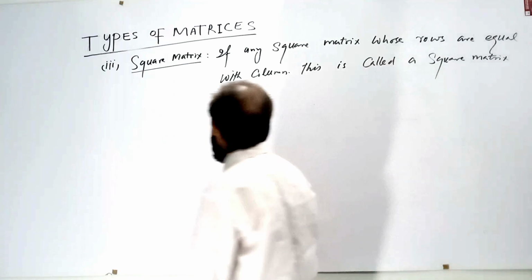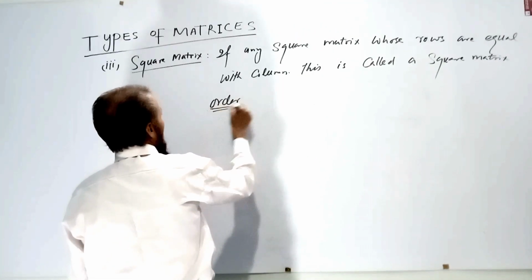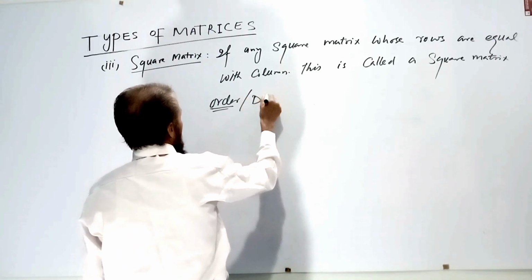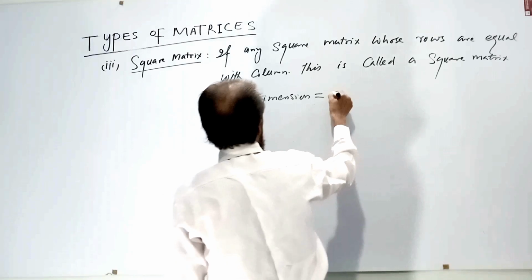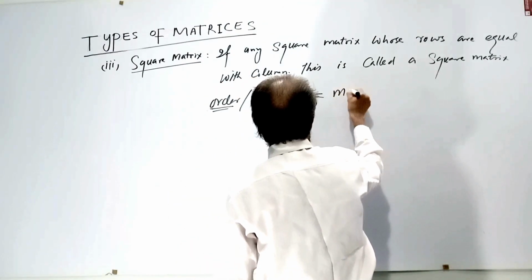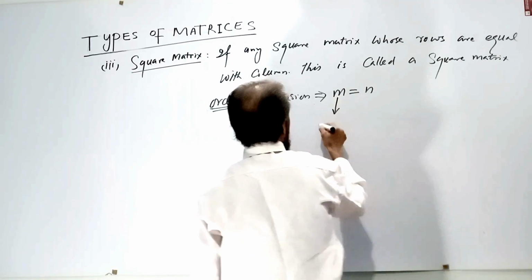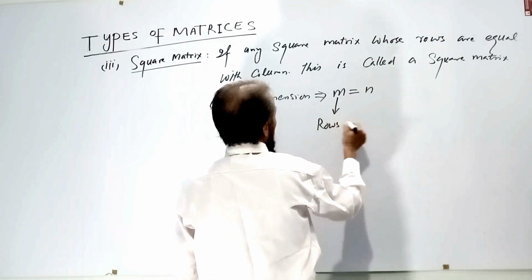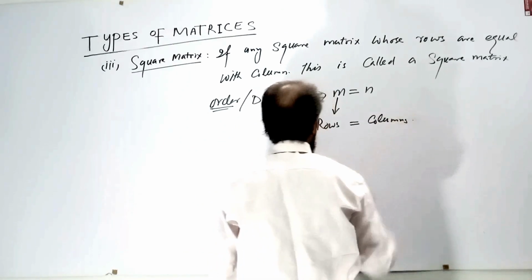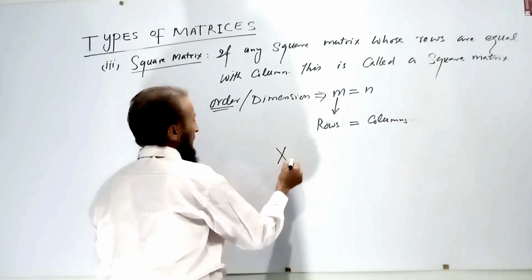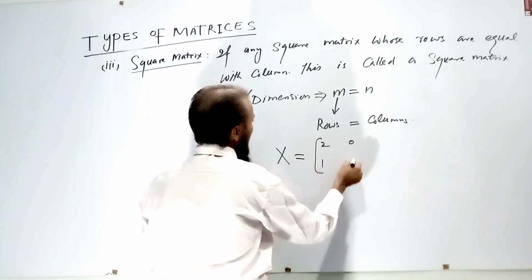If we write the dimension, order or dimension, of a square matrix, m cross n, it means that m is equal to n. That means the number of rows equals the number of columns. For example, we take x is equal to 2013.